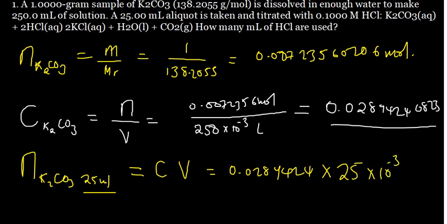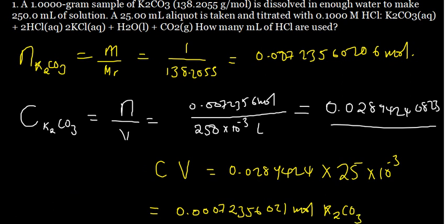So multiply by 25 times 10 to the power negative 3. So the number of moles that we are going to determine is now 0.00072356021 moles. Are we moving together? Yes. Okay. Can now remove this.